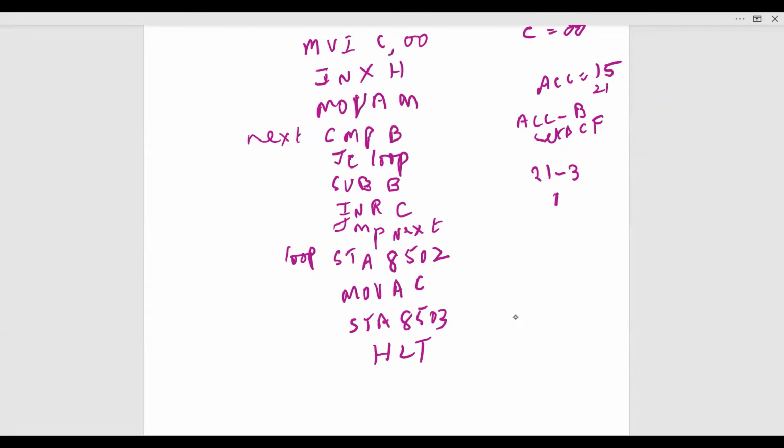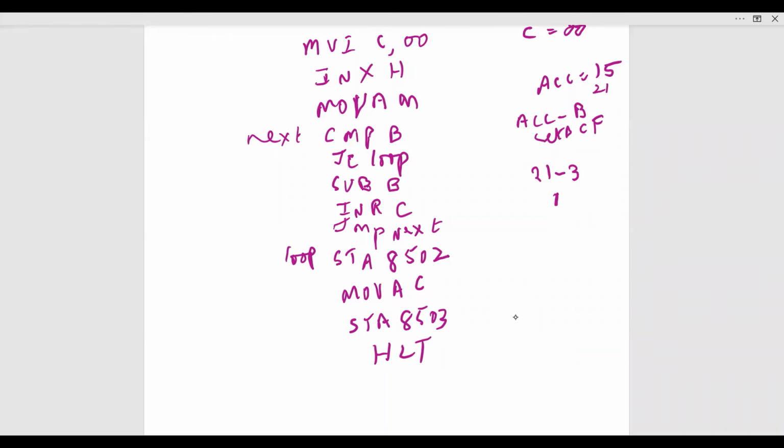So let us check this loop. In the first case, it is 21 minus 3. If there is a carry, you have to store the result. There is no carry, so it performs the subtraction 21 minus 3 and increments the C register to 1. Jump next. So it comes back again.